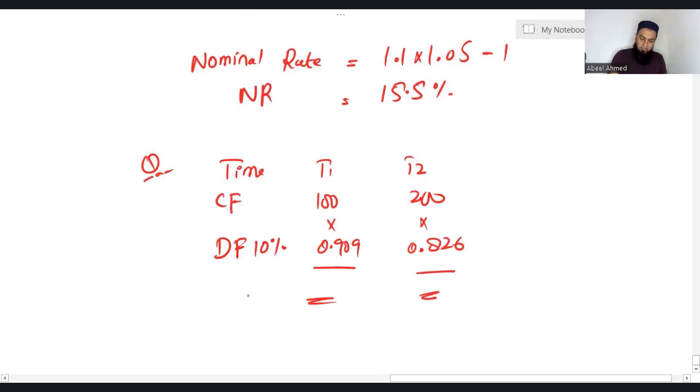Simply multiply this to get the present value of net cash flow. I'll get 90.9, and 200 multiplied by 0.826, we are getting 165.2.